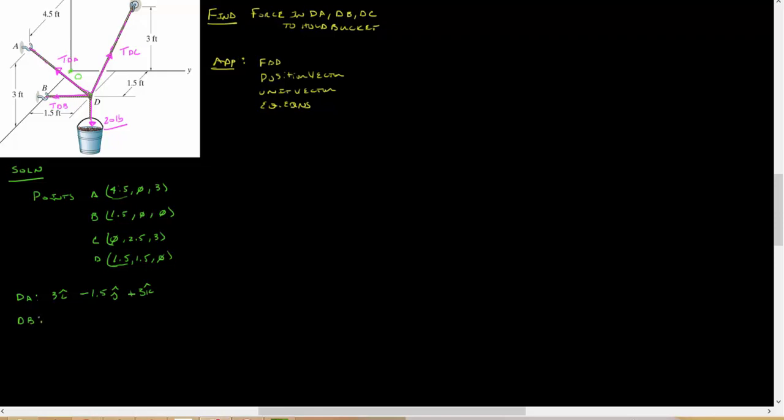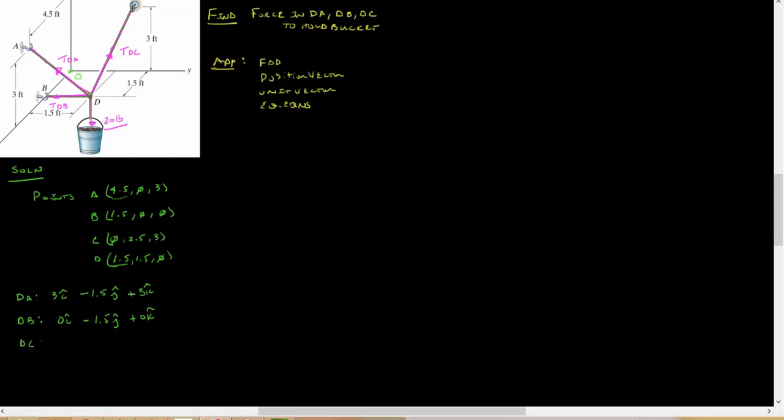dB, I've got 0i minus 1.5j and plus 0k. Again, dB from here to here. So the only thing I'm moving in is in the y-axis, not going anywhere in the x or in the z. So I'm only going to have my y component there.